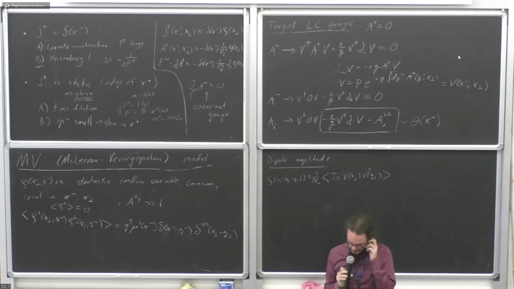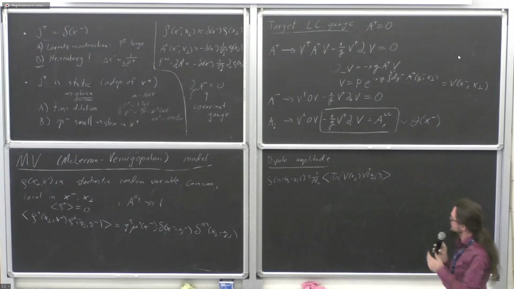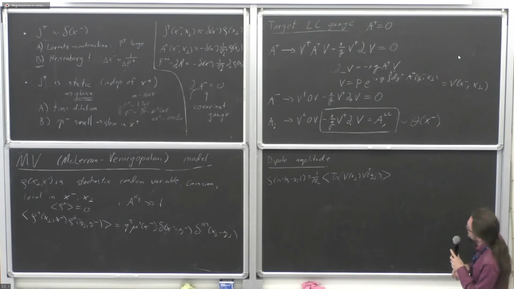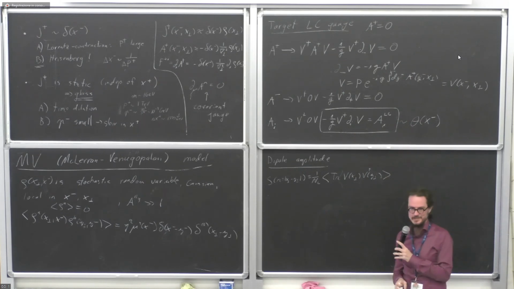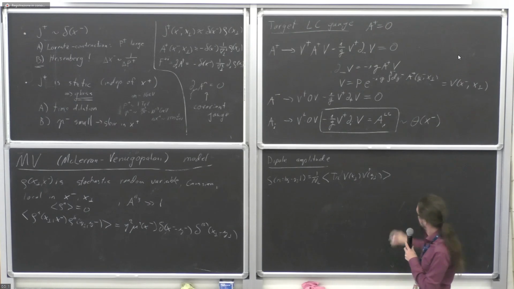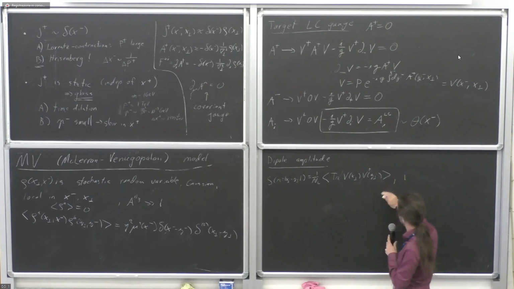This is the thing that appeared in the hybrid model. This is the easiest thing to calculate in the MV model.